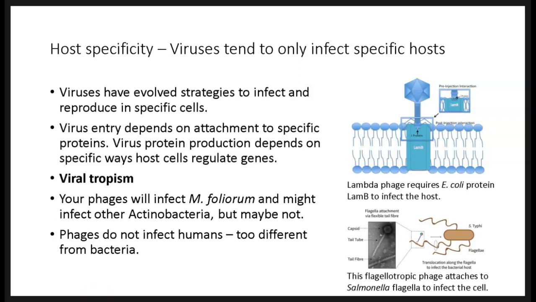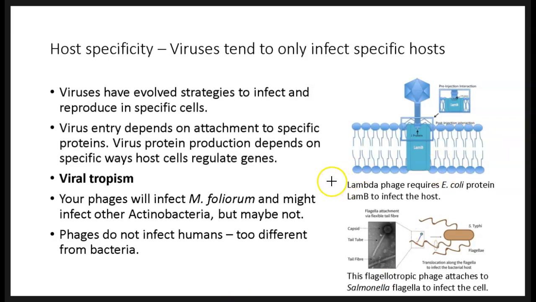So we talked about the lytic and lysogenic reproductive cycles. The viral reproduction depends on the virus hijacking specific cellular pathways inside the cell. And so viruses have adapted to the specific types of regulation and proteins that are inside their specific hosts.